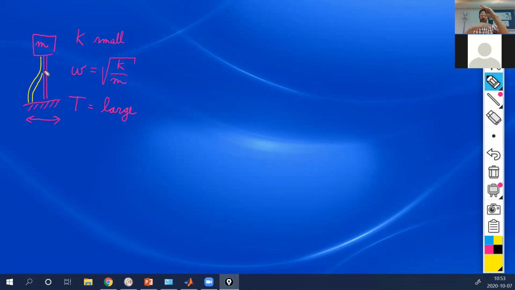But the structure on top is not going to move much because the structure is very flexible, right? So it doesn't have the necessary rigidity to accelerate the mass back and forth. So because of that, this is going to lead to a large displacement. The displacement we're measuring is this one, right?